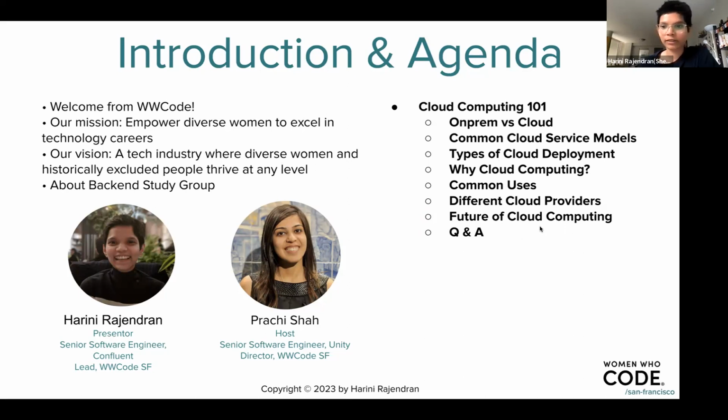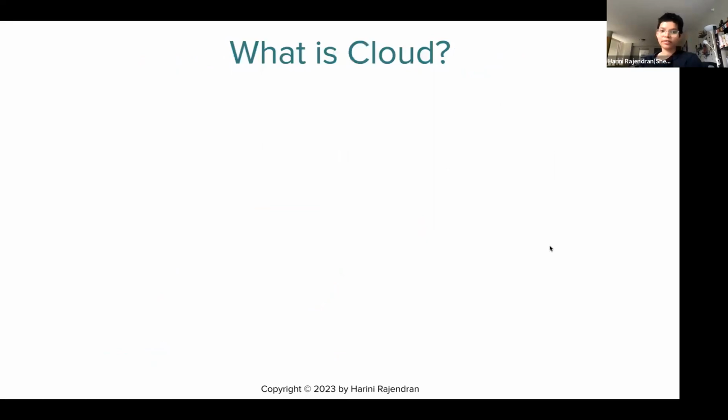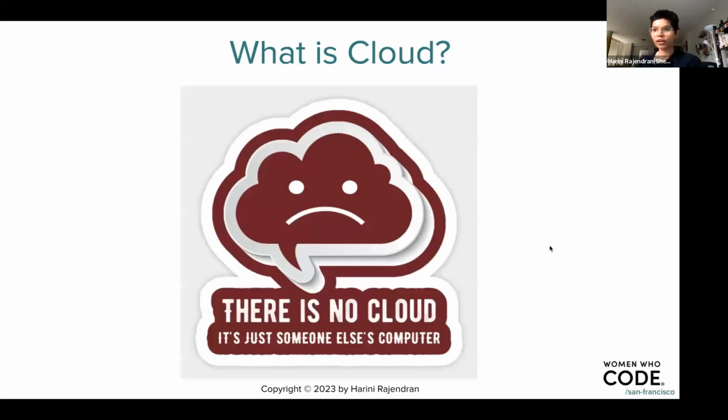So let's dive in. Whenever you hear about cloud computing, there is one famous quote or saying that I've always stumbled upon. It reads, there is nothing called a cloud, it's just someone else's computer.